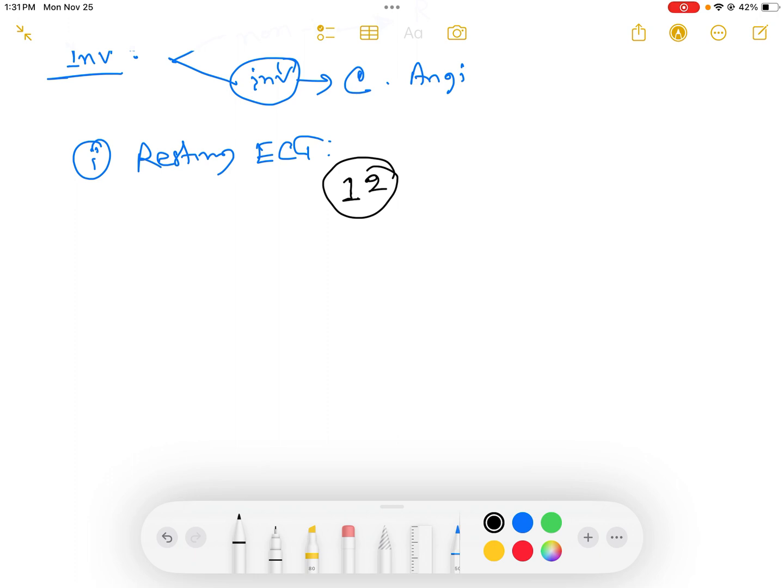However, it is not necessarily abnormal even in the presence of severe multivessel coronary disease.